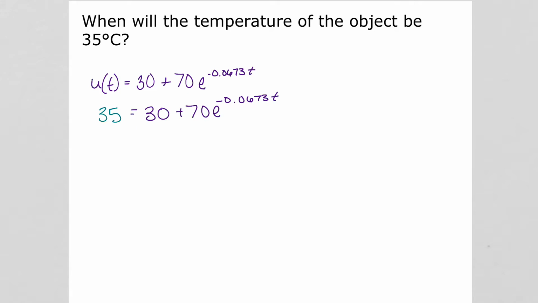So subtract 30 from both sides. Divide by 70. Take the natural log of both sides.